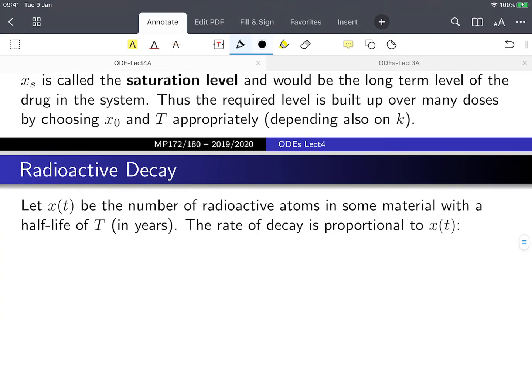Another example of application. So radioactive decay, that comes up often in exams as a short question, because there's only so much you can ask. And it's also in the book. We'll understand soon what those words mean. Where is it?